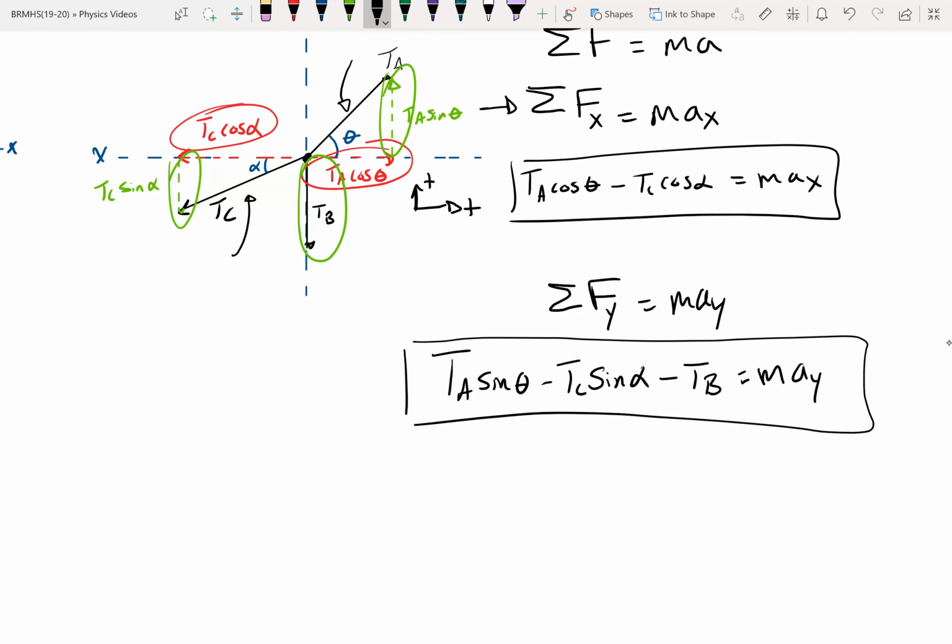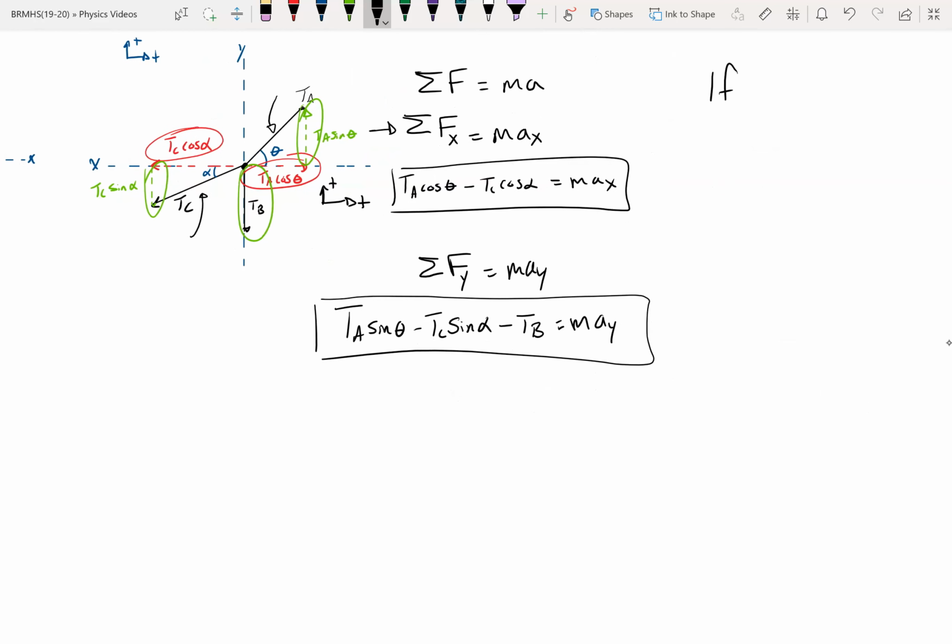Now, if it's a problem where it says the acceleration is 0, like the hula hoop's not moving, somehow everything is balancing out. If acceleration in the y and acceleration in the x are both equal to 0, then this equation would become TA cosine theta minus TC cosine alpha equals 0.